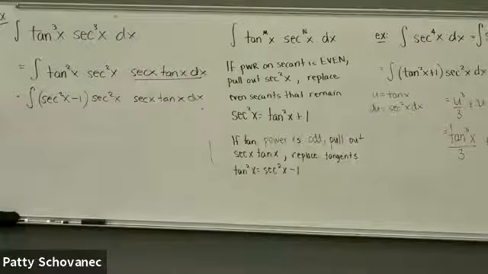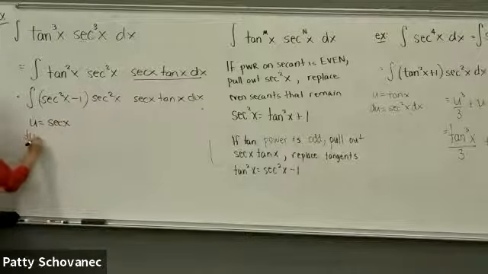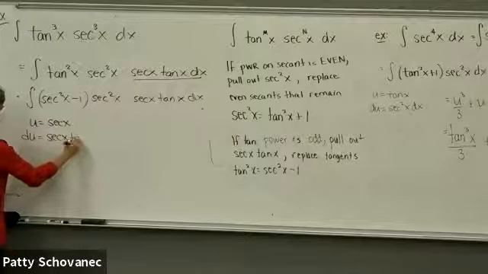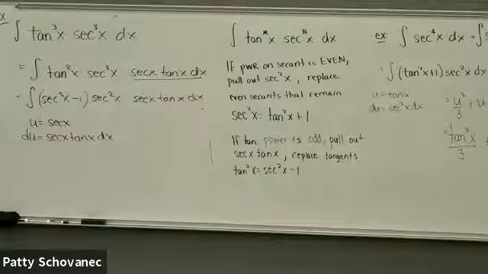So as soon as you've taken that step, you can go ahead and do the u du substitution. Use u equals secant of x, du equals secant of x tangent of x dx. And so we're integrating u squared minus 1 times u squared times du.